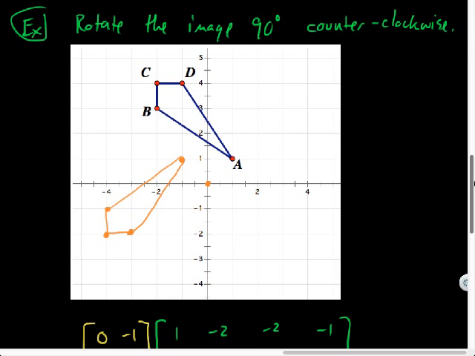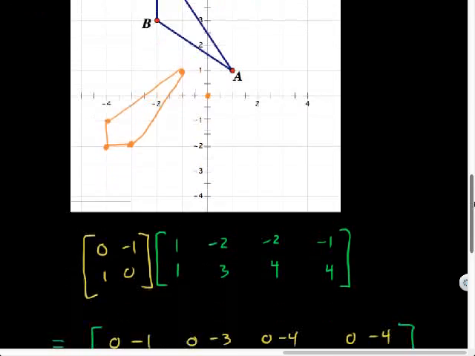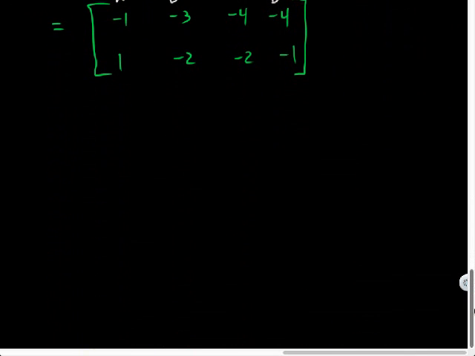So one last concept, the easiest one. El más fácil del mundo. Let's see, looks like I'm running out of room though with all my pictures. So let's see.